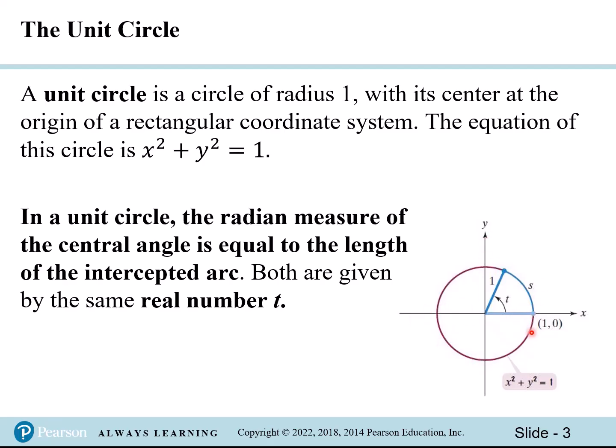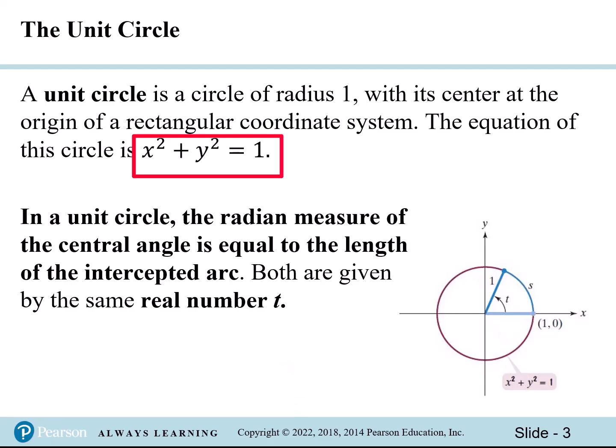So the center point of the circle will lie at the point of intersection, at the origin of the rectangular coordinate plane. The radius of the circle will be 1 unit, and recall what the equation of the unit circle is. The equation is x squared plus y squared equals r squared.